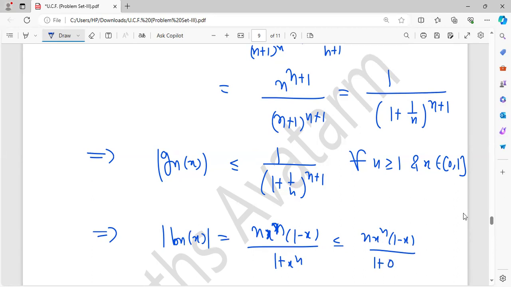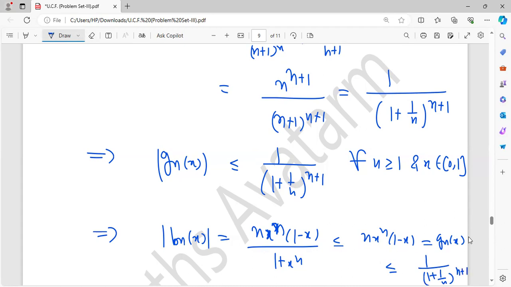So it is less than this. But this is g_n(x), and g_n(x) is non-negative, so I can skip the mod, but this is less than 1 upon (1 plus 1 upon n) to the power n plus 1.